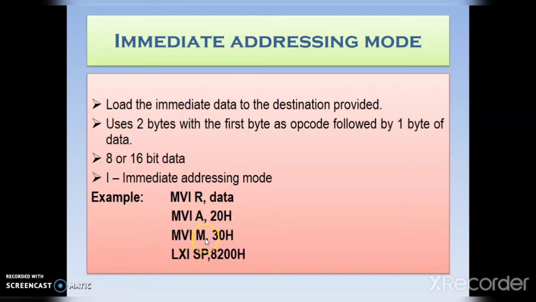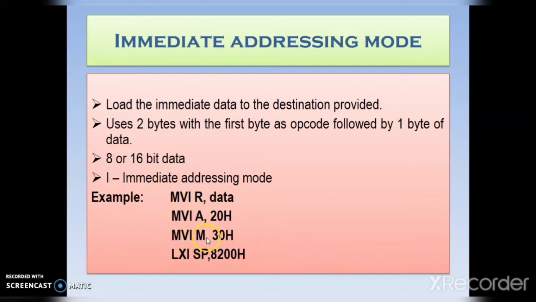And in the second example, I have taken a memory location. M represents the memory location, and this one represents 8-bit data. So the function of this instruction is to move the 8-bit immediate data 30H into the memory location. This memory location is pointed to by the HL register pair. We have two different types of register pair, BC and HL. So the memory location is considered as either the HL register pair or the BC register pair.